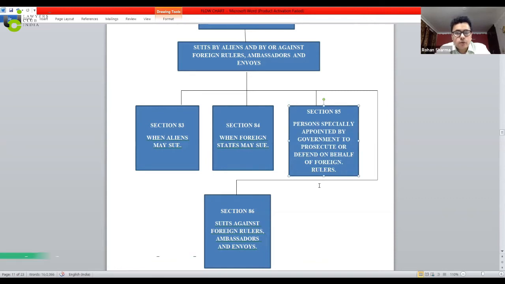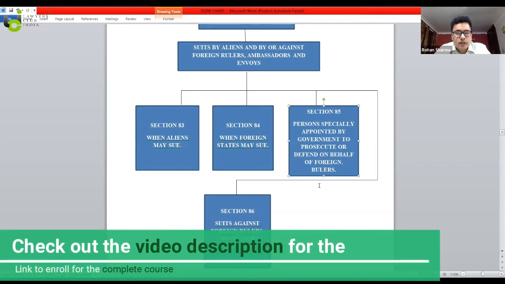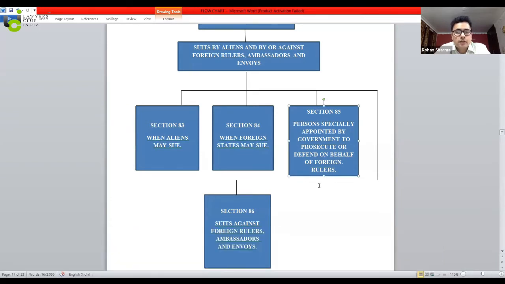Italy is a friendly nation, not an enemy nation, but those Marines were not citizens of India, and they were tried in India. Now, let's say there is a civil case which has to be instituted by an alien. Aliens can be friendly aliens, and aliens can also be persons from an enemy nation, a nation which has been declared by the central government as an enemy nation.